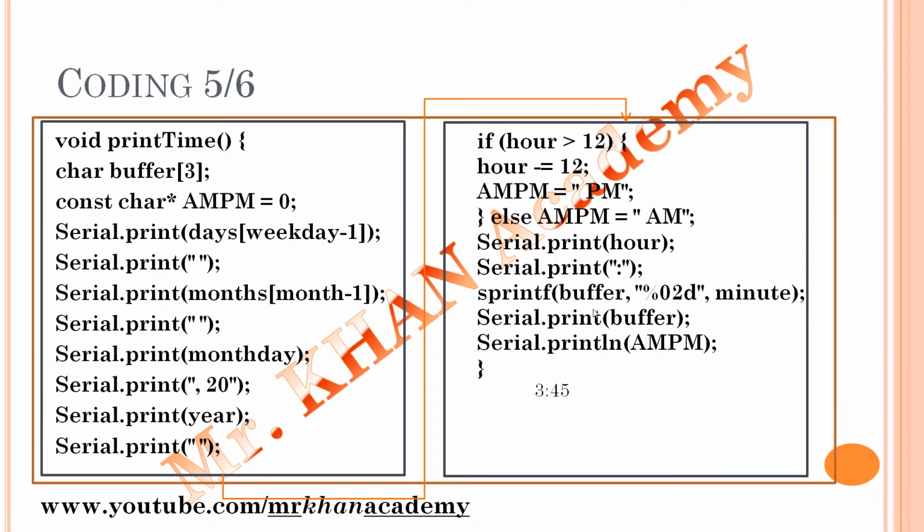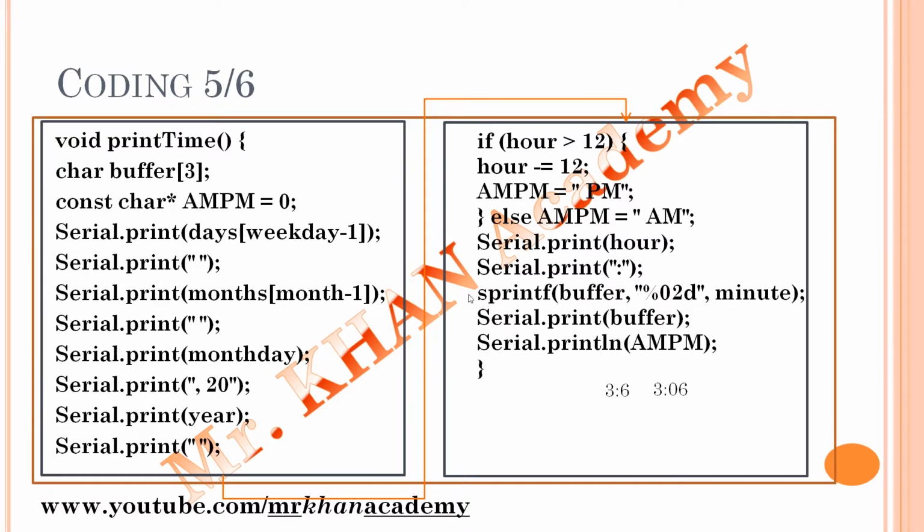Now, why am I defining the buffer? Suppose the time is 3:45, then there is no use of the buffer, I get exactly that. But suppose the time is 3:06, 3 hours and 6 minutes. In that case, if I am not using the buffer, I will get a printing which is a little bit odd, because we require 3:06.